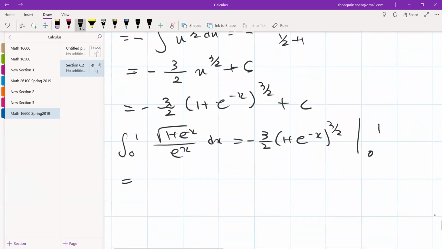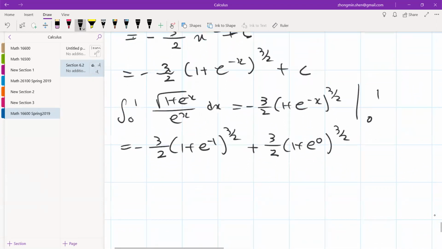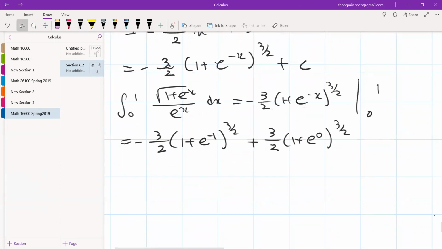The first number is 1 plus e to the negative 1, to the 3 over 2, minus, so it's negative, it's positive then, 1 plus e to the 0, to the 3 over 2. So this must be positive.